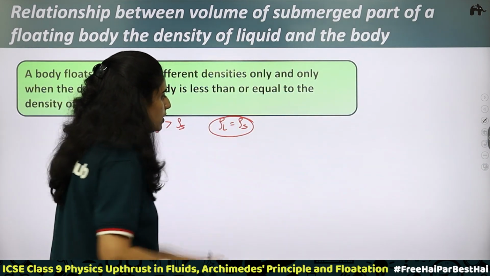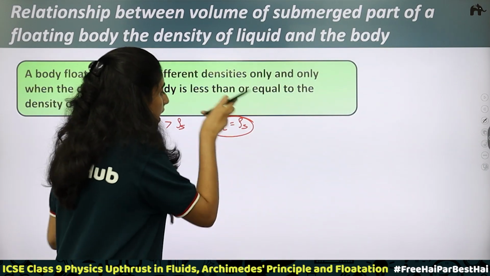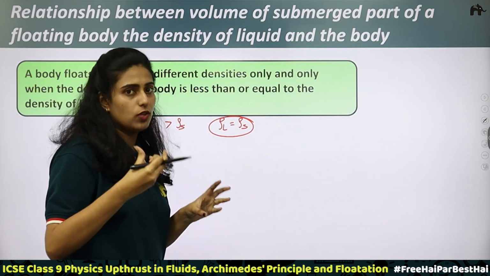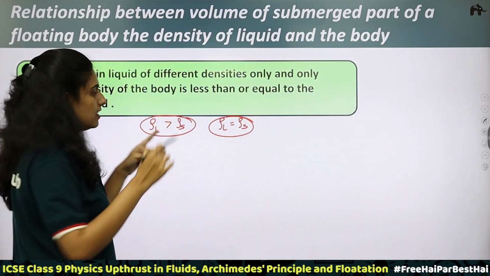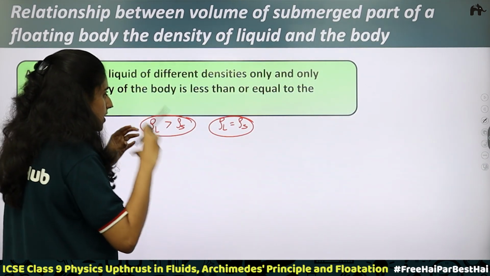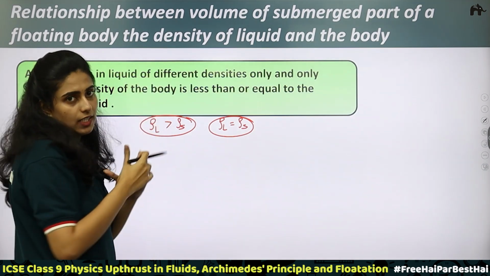When the density of liquid is equal to the density of solid, it will be experiencing maximum upthrust, that is, the entire portion of the body will be inside the liquid, just floating. When the density of liquid is greater than the density of solid, it will be floating in such a way that it is partially immersed inside the liquid and a portion will be above the liquid.